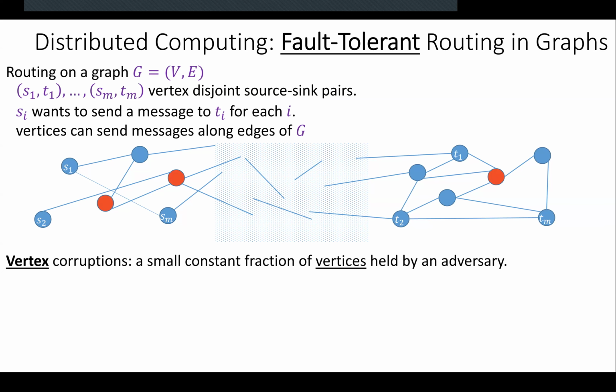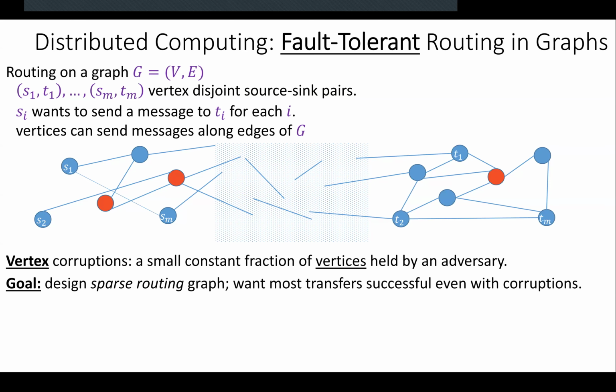And during the protocol, they can do whatever they want. They can not send messages, or they can send garbage. Now your goal is to design sparse routing graphs which are resilient against the corruptions. Is it deterministic, or can you randomize the protocol? Yes.